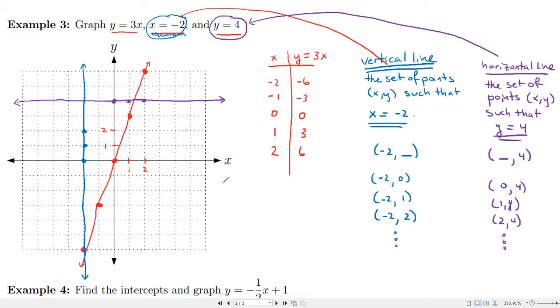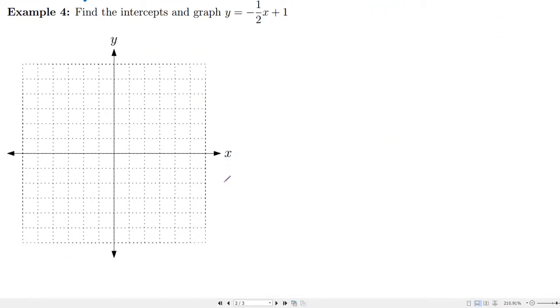Okay, so continuing on. This next question is find the intercepts and graph the equation y equals -1/2 x plus 1. Okay, so what are the intercepts? The intercepts are the x and y intercepts. So what are these?